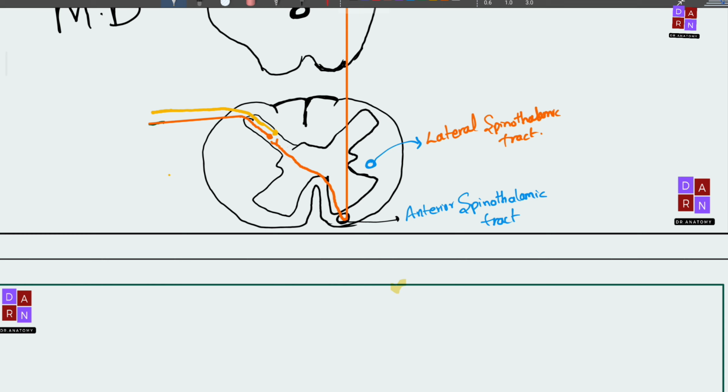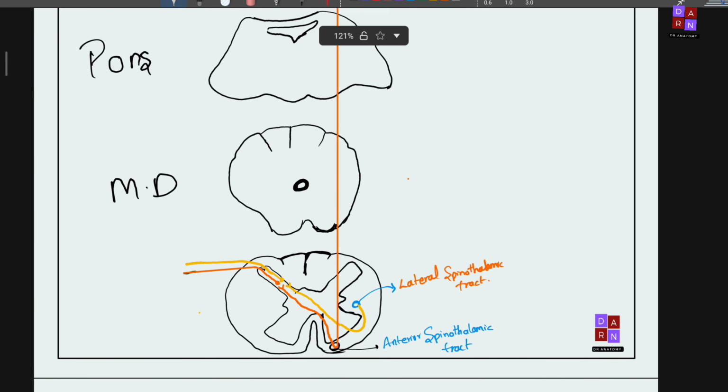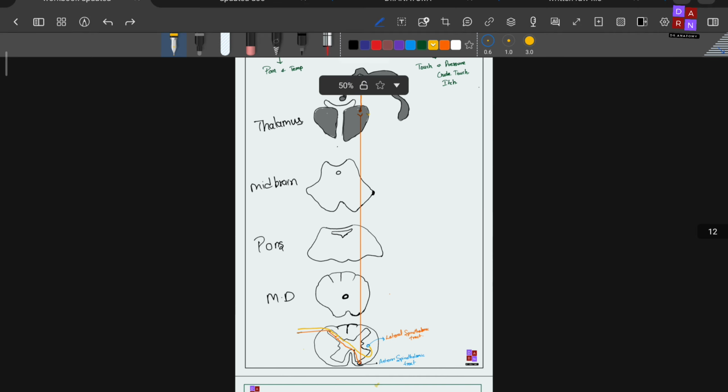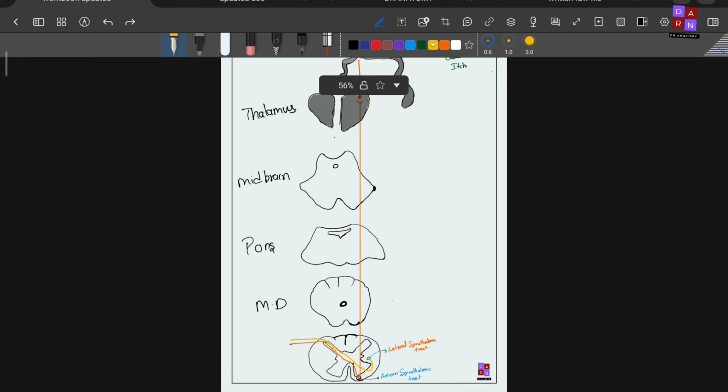From there it synapses with the second order neuron and goes into the lateral spinothalamic tract, and from there it ascends upward through the medulla oblongata, pons, and midbrain into the thalamus.